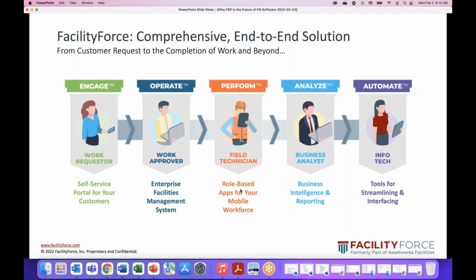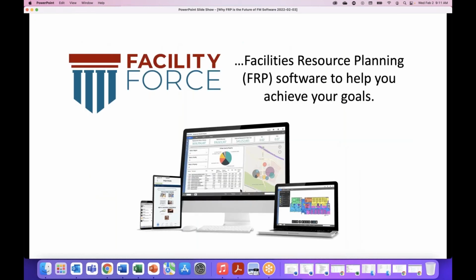Then perform is a series of mobile apps for all your workers or personnel in the field. Analyze is the business intelligence and reporting engine. And automate is how all of this gets integrated with your ERP. So to wrap up my introduction, FacilityForce is facility resource planning software to help you achieve your goals.